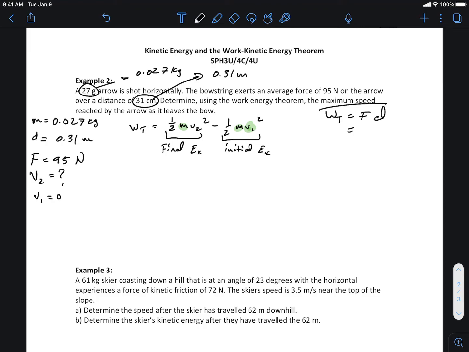So force is 95 newtons multiplied by, how long was it applying that 95 newtons? 0.31 meters. What's the total work done on this arrow? The number should be 29.45 joules.